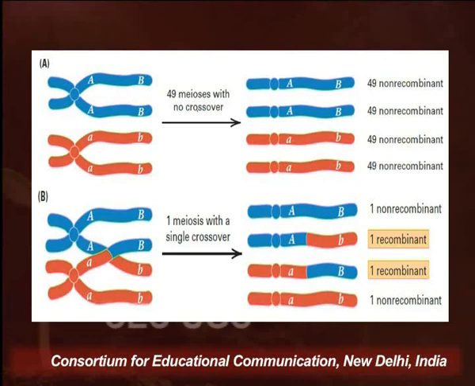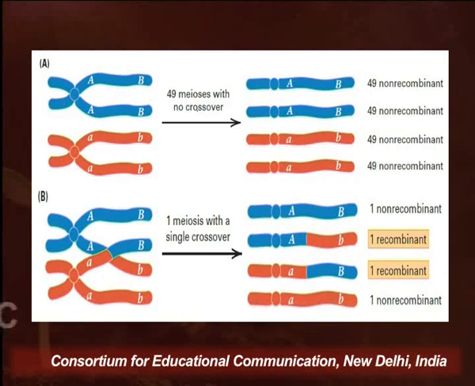So we have 49 plus 49 plus 49 plus 49 non-recombinants, and in the one which has shown crossing over, the crossing over has taken place between just 2 of the non-sister chromatids. 2 of the remaining ones are still non-recombinant. So out of the 200, only 2 are recombinants.